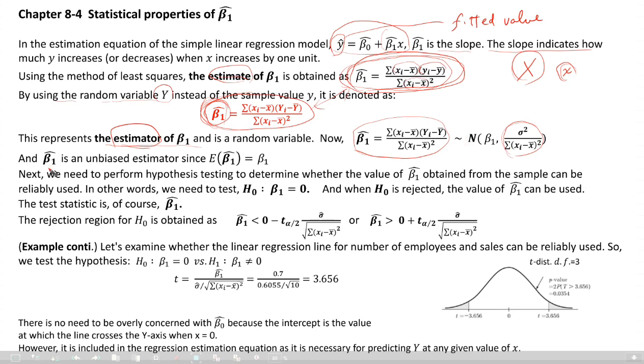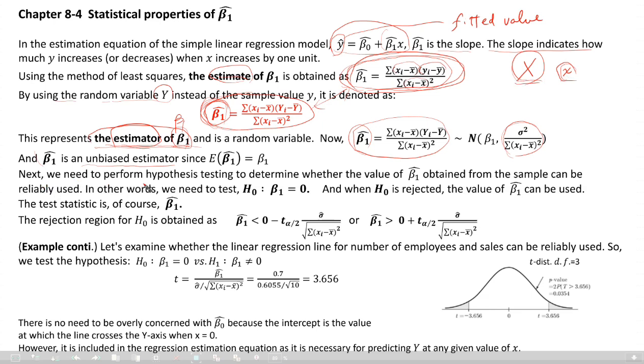So beta 1 hat is what? An unbiased estimator, since the expectation of beta 1 hat is beta 1. Okay? So I denote beta 1 hat with bold. Okay? Bold. Here, beta 1 is just a parameter, but I try to emphasize with bold here. You understand that? I think this is a very, very important thing, as with capital X and small x.